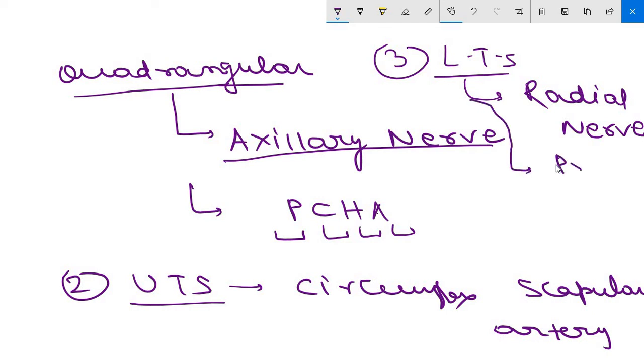Along with it are the profunda brachii vessels. So these are the contents of the quadrangular space, upper triangular space and lower triangular space. Please go through these spaces. These are very important intermuscular spaces and frequently asked in your examination.